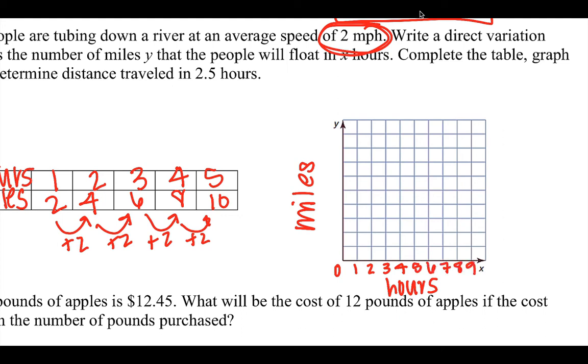Then let's count by twos, since that's what we're doing. 2, 4, 6, 8, 10, 12. So if I go 1 hour, I've gone 2 miles. 2 hours, I've gone 4. 3 is 6, 4 is 8, 5 is 10.